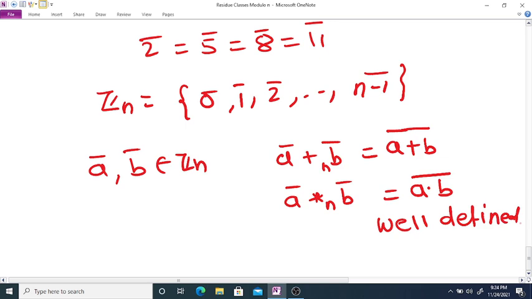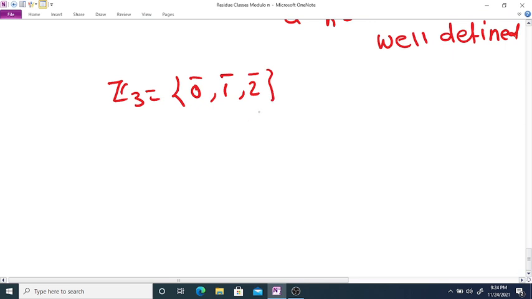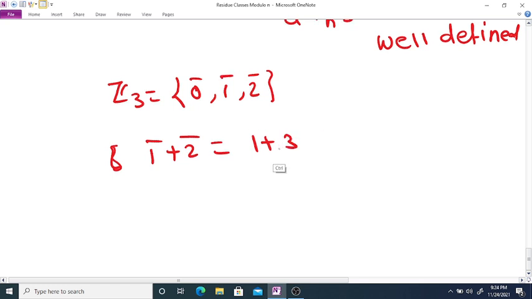For example, if we take a simple example, Z3 is equal to 0 bar, 1 bar and 2 bar, and if we take 1 bar plus 2 bar, then it is equal to 1 plus 2 bar, which is equal to 3 bar and which is equal to 0 bar.